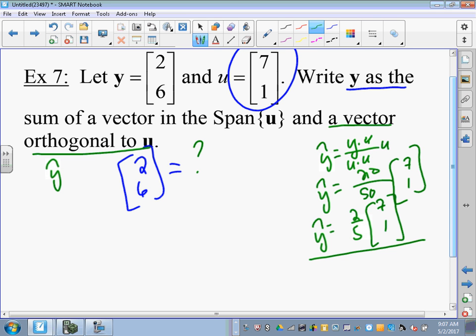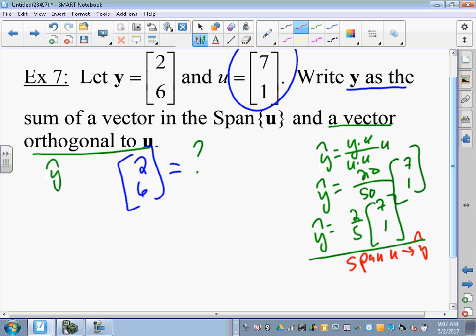So I did lie when I wrote that up. Is this y hat in the span of u? Yes. So I just misspoke on that one. This is the vector that's in the span of u. Okay, so that's what y hat is, and I always have to double check that. That's a vector that's in the span of u.